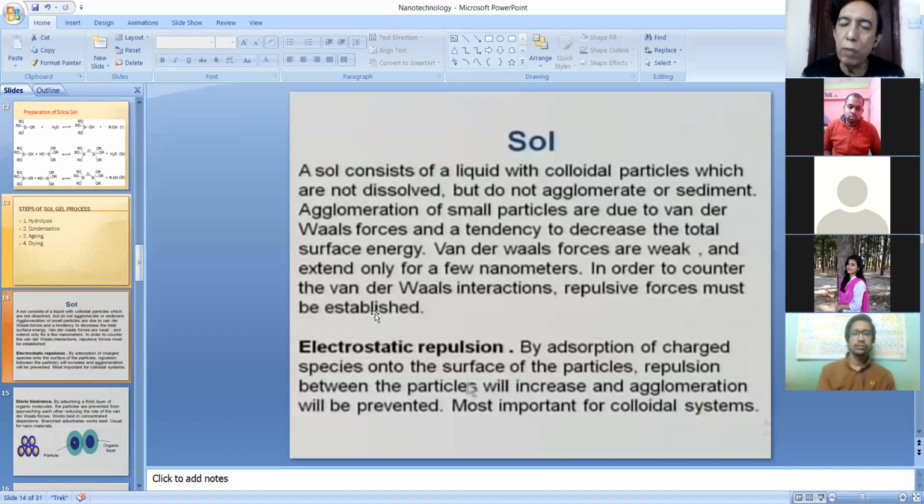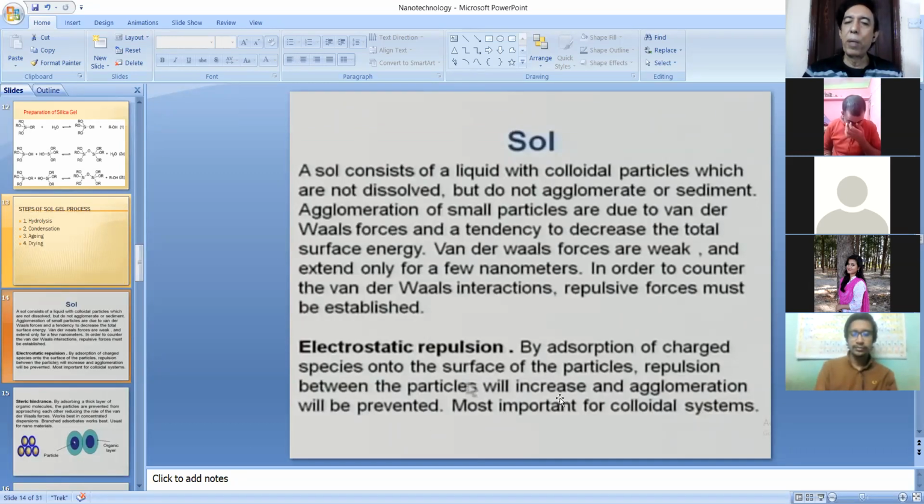What are those repulsive forces? I told you now, electrostatic repulsion by adsorption of charged species on the surface of the particles. That means on the surface of the salt particle, some charged particle is absorbed, and this charged particle repulses another salt molecule and prevents the agglomeration.